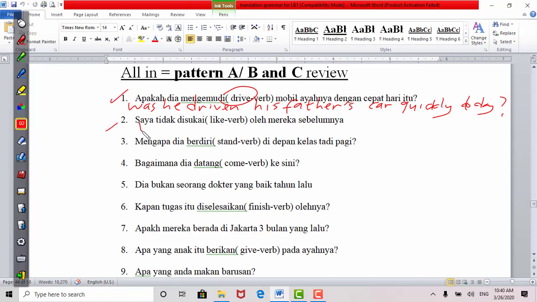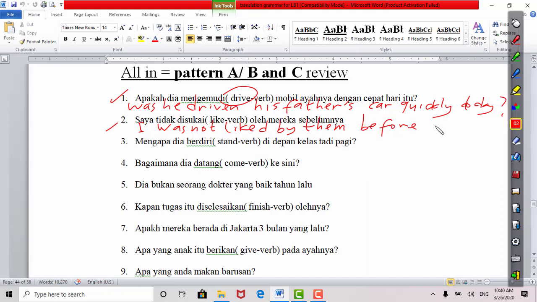Number 2, I was not. Tidak. Saya tidak. I was not. Like becomes verb 3. Like. I was not liked by them before. Right? For number 3 until number 20, you can answer by yourself.